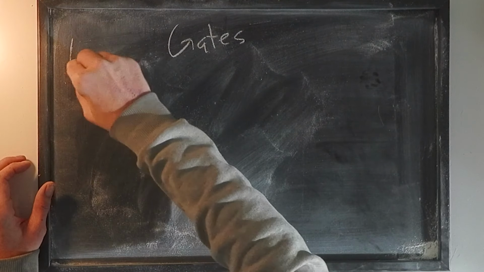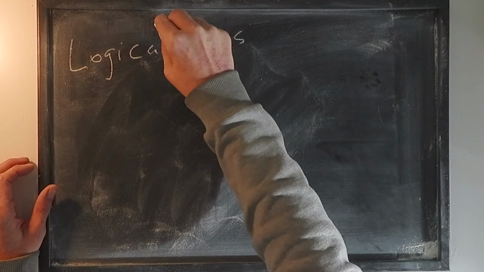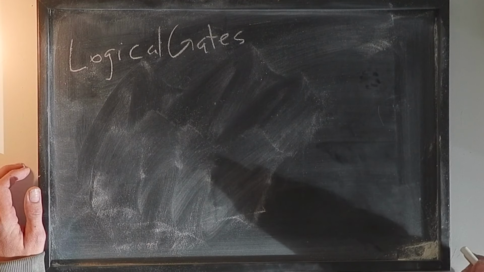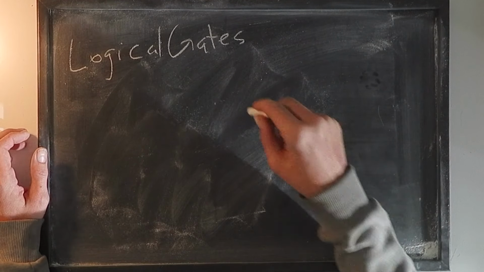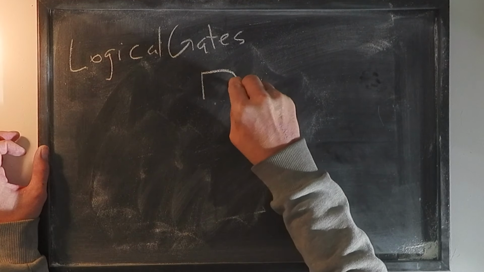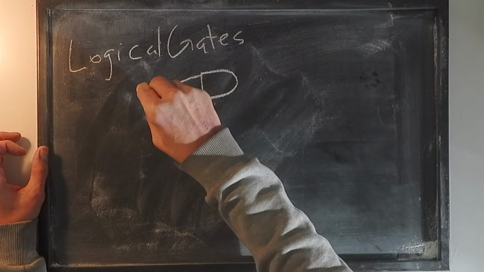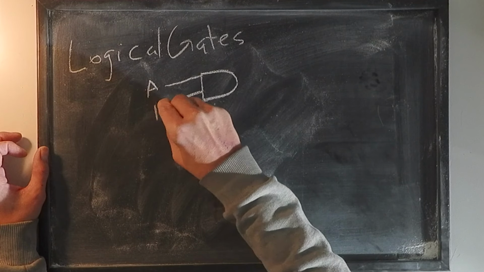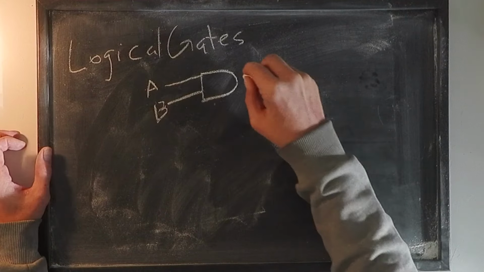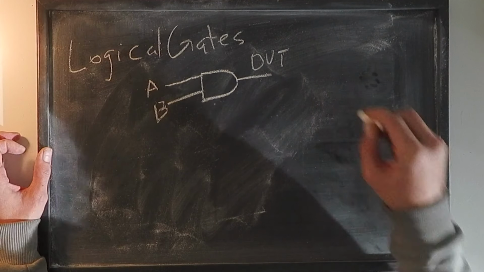It's also called logical gates. And one symbol for one of these looks something like this. It has two inputs, A and B, and one output, which often is just depicted as out.